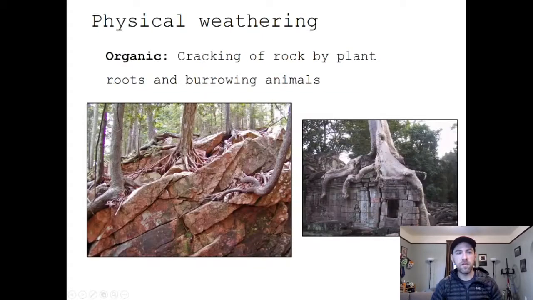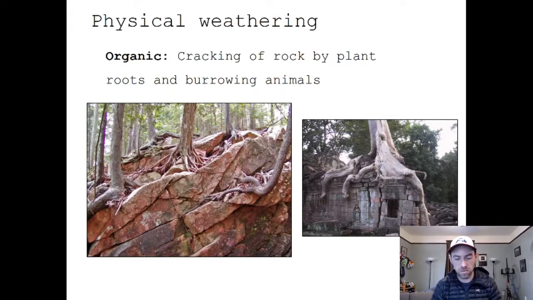And then finally, amongst physical weathering, there's the organic processes that can result in physical weathering of rock. Things like plant roots and burrowing animals can result in weathering of material. Plant roots are actually really effective at breaking rock apart.